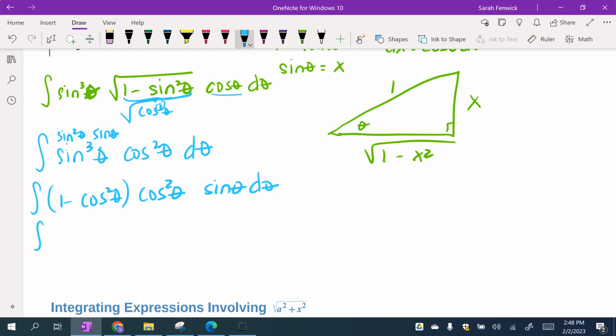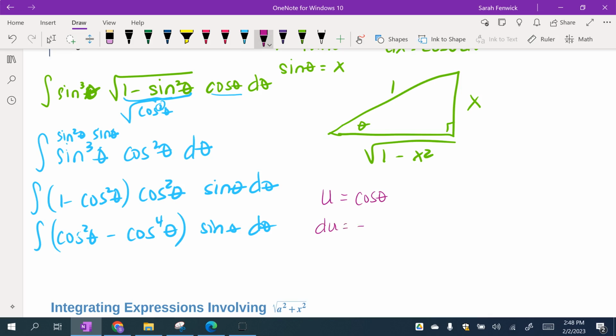All right, we're going to distribute and have cosine squared theta minus cosine to the fourth theta, sine theta, d theta. We're going to use u substitution. u is cosine theta. du is negative sine theta d theta. We need a negative here, so a negative out here as well.